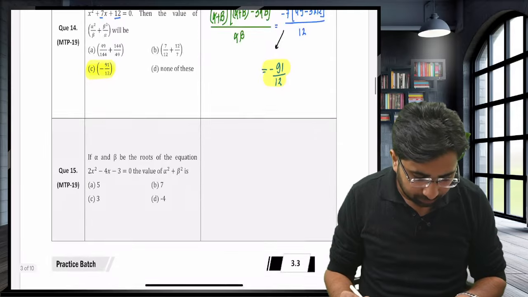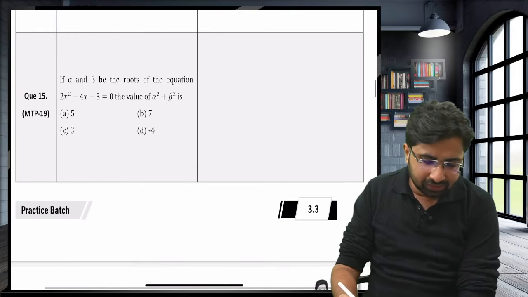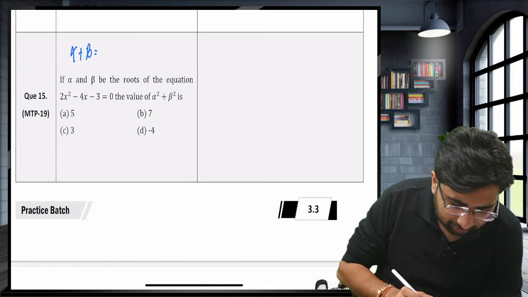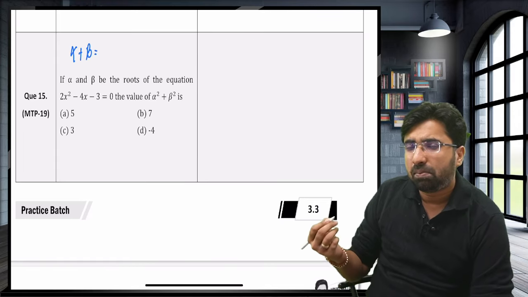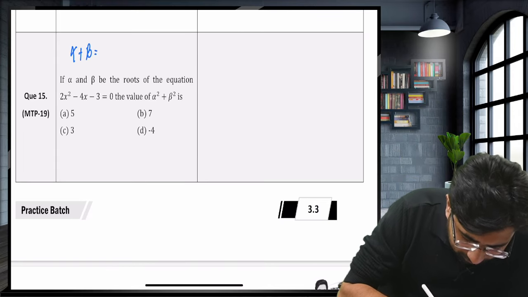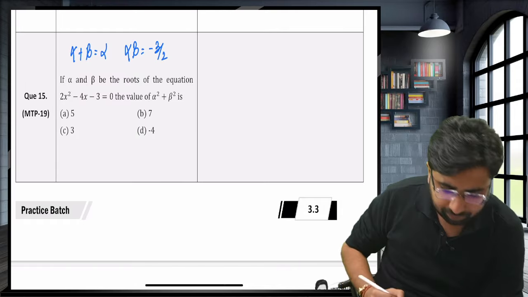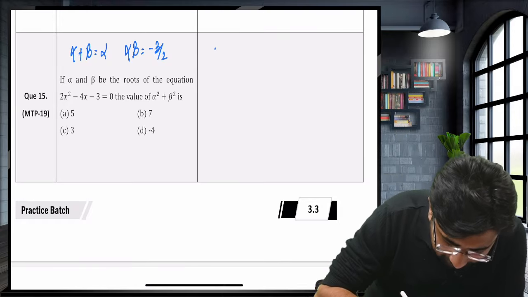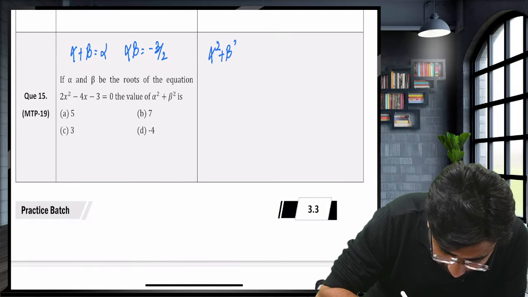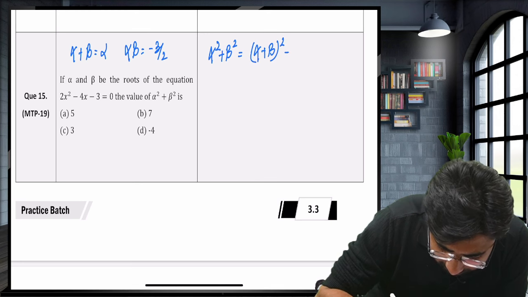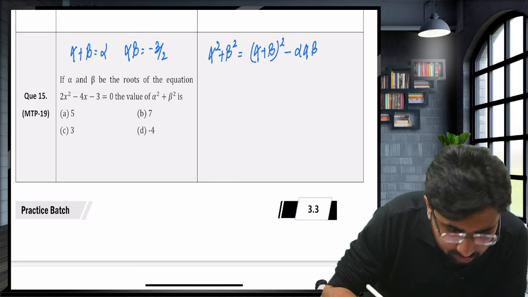Next question, guys. Okay, they are asking simply alpha square plus beta square. We know two things. Alpha plus beta is minus b by a, minus of minus 4 upon 2 will be 2. What is alpha into beta, guys? C by a, minus 3 by 2. They are asking alpha square plus beta square. How much is this? Alpha plus beta whole square minus 2 alpha beta.